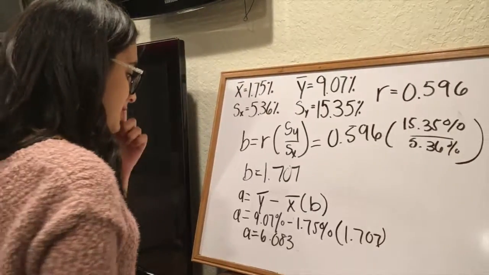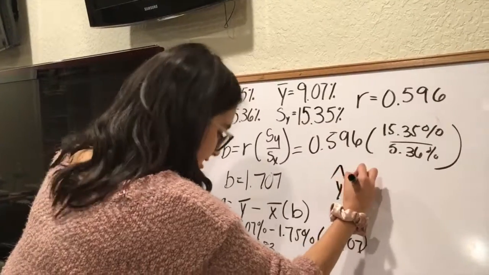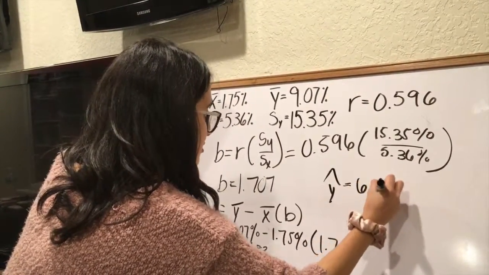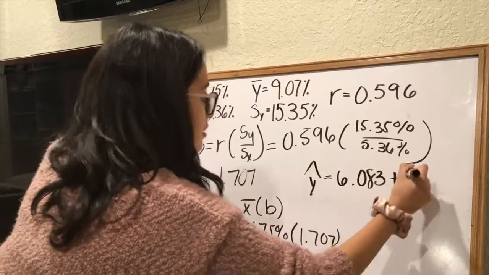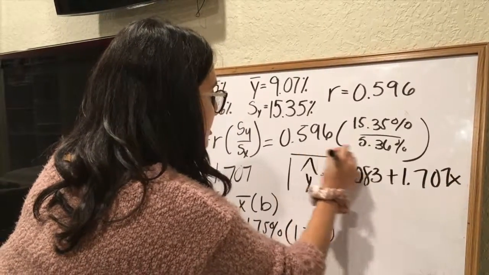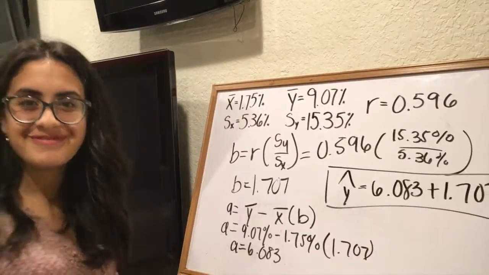So to find the equation of the least squares regression line, you would do y hat is equal to a, which is 6.083, plus b, 1.707x. And that's the equation of the least squares regression line.